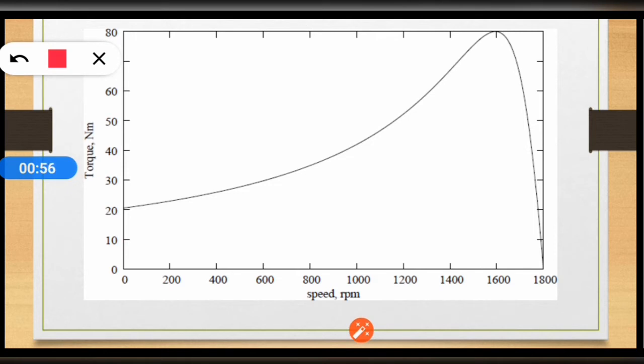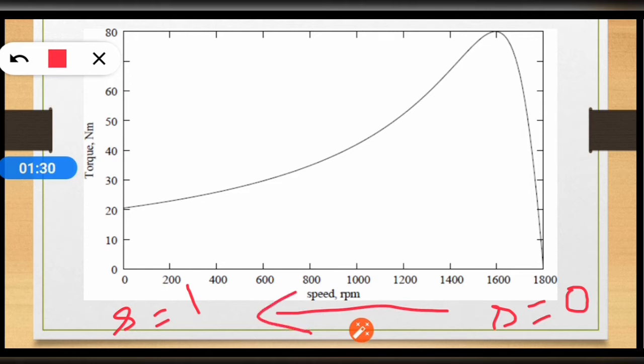Here the curve is shown between torque and speed, but the same curve can be shown with slip and torque also, where speed 0 corresponds to slip equal to 1, whereas at n equal to ns, the rotor speed equal to synchronous speed, the slip becomes 0. So this point shows the slip 0 region. The slip varies from synchronous speed to 0 speed.